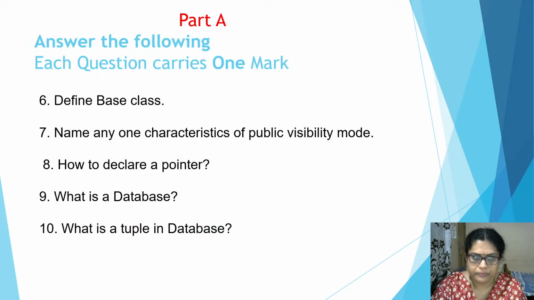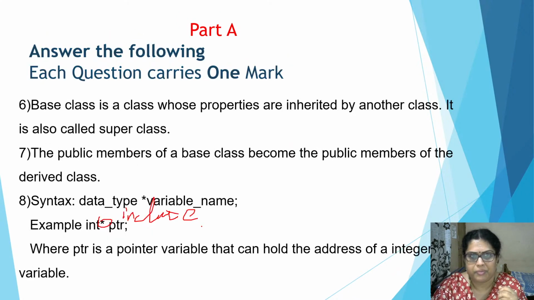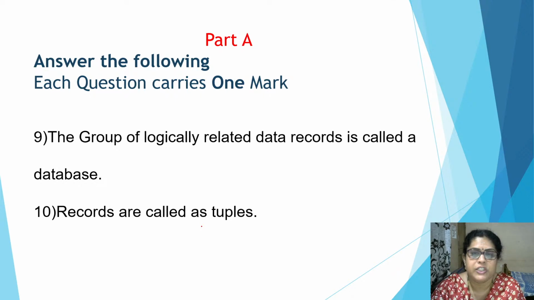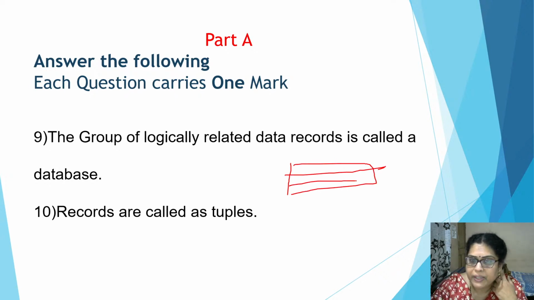And then the ninth question says, what is a database? The word itself, data, is something related to data, isn't it? The group of logically related data records is called a database. So what do I mean by a group of logically related records? For example, when you take your application form for your first PU, all these first PU students are put into one file.